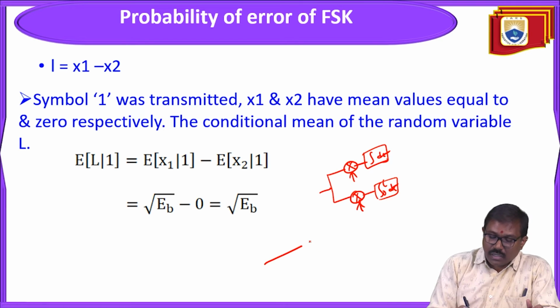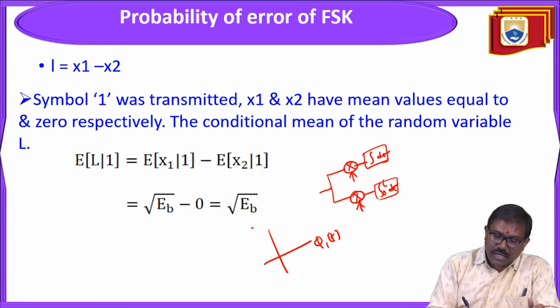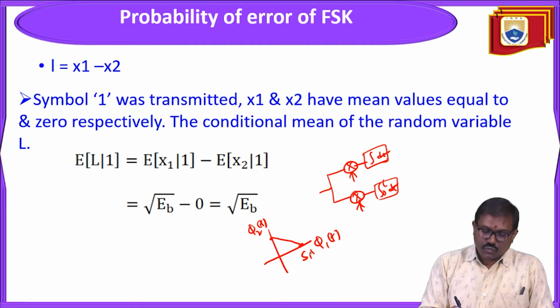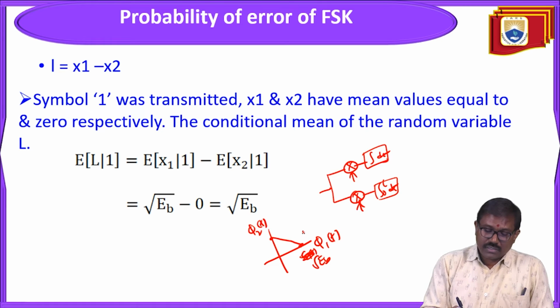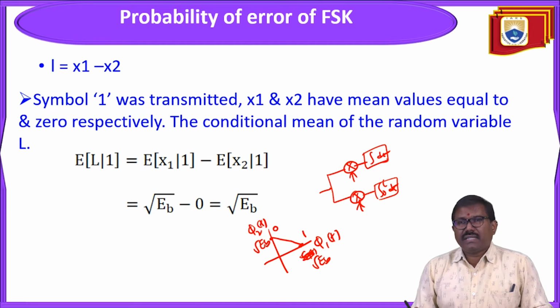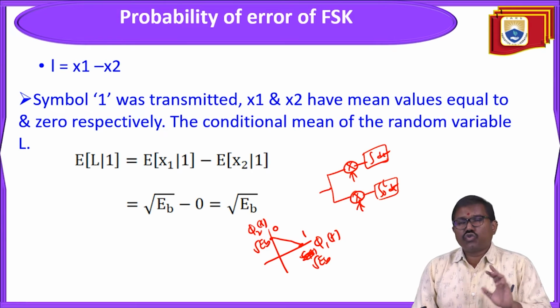Once again we go to the signal space diagram. Here this is phi 1 of t and this is phi 2 of t, and we can represent these two. This one is S1 of t, or you can say root Eb, directly the energy of that symbol, and this is represented for symbol 1. This is also root Eb for symbol 0. Here there is no minus symbol, because I use two basis functions.